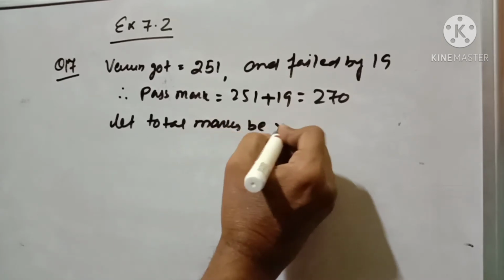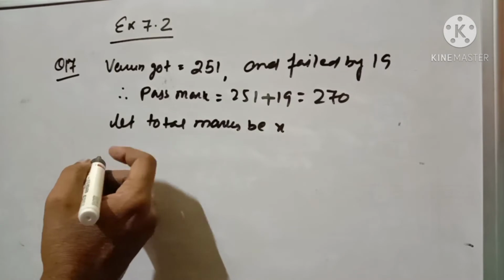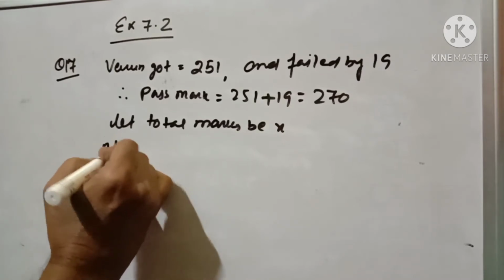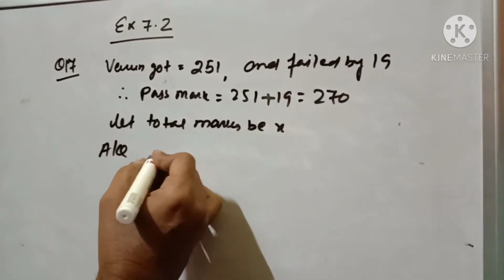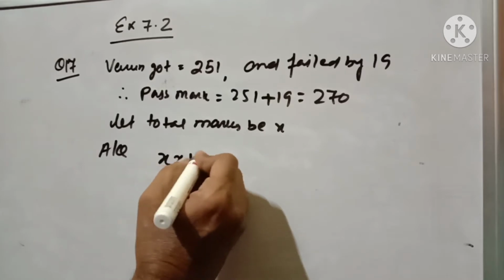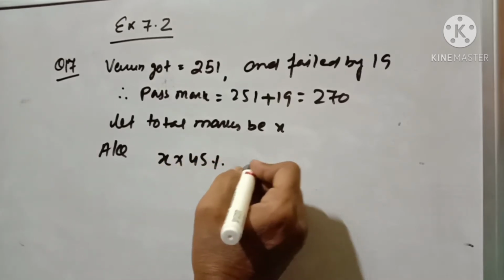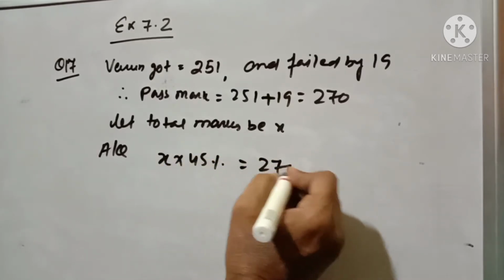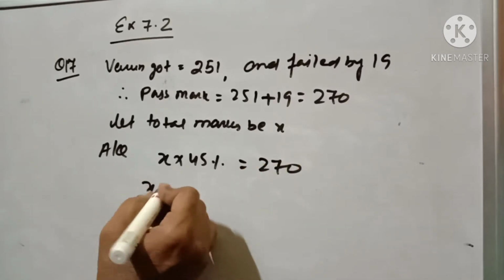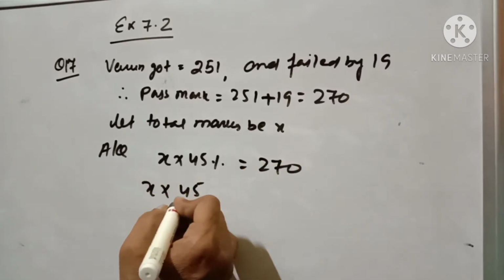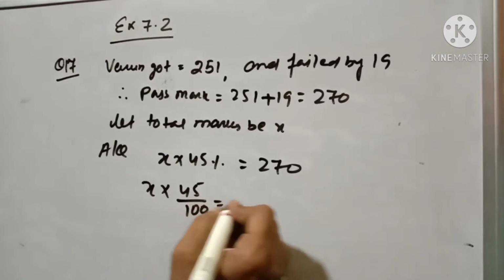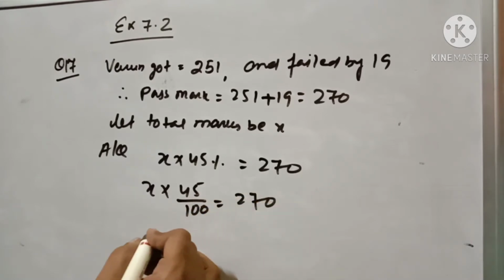Now according to the question, I can write x of 45% equal to 270. So x into 45 by 100, remove the percentage sign, equal to 270.